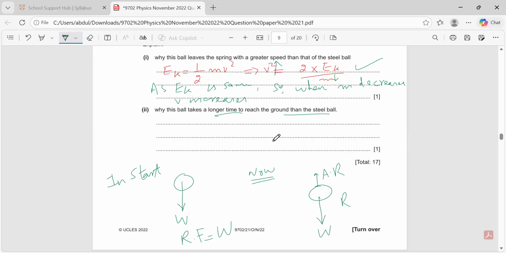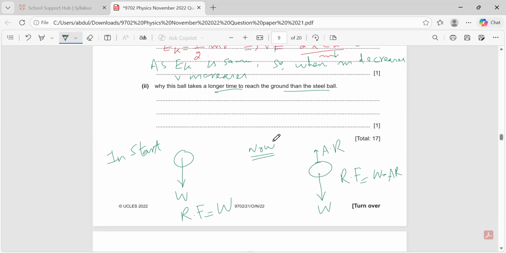So what will be the resultant force? Resultant force will be weight minus air resistance. So resultant force will decrease. And we know acceleration is proportional to resultant force. When resultant force decreases, acceleration decreases. So of course, the ball will take longer time. I'm sure this will be clear to you people.